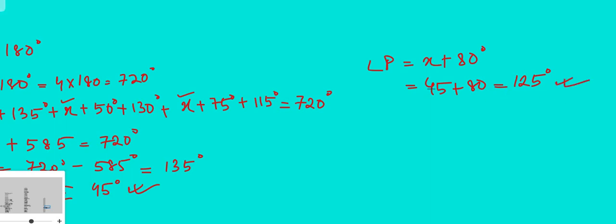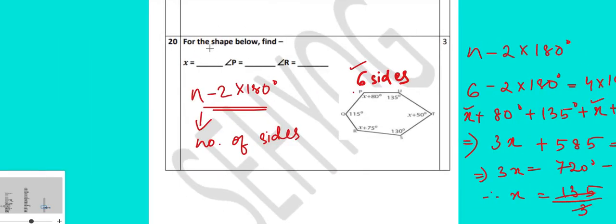This is our answer for angle P. Angle R right here is x plus 75 degrees, which is equal to 45 plus 75 degrees, which is 120 degrees. So now, on the left, we can write the values: x is equal to 45 degrees, angle P is equal to 125 degrees, and angle R is equal to 120 degrees. This is the answer for sum number 20.